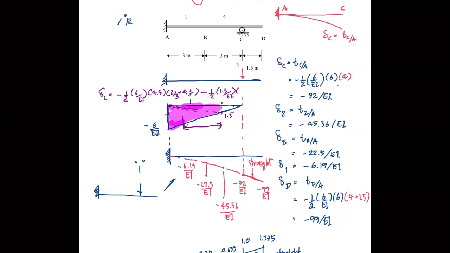The base is the same. And the distance to the centroid is now 1/3 of 4.5. Okay, same thing. And it gives you this number. Okay, so now I don't owe you anything.